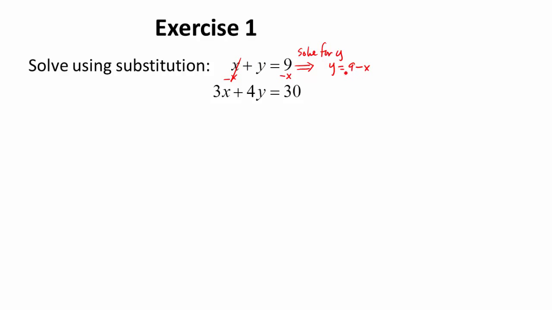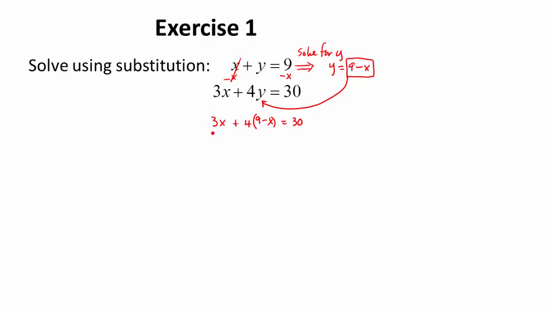Now what do you do with this right side of y? You substitute that into the other equation, so you'll have 3x plus 4, and instead of y, we write 9 minus x: 3x plus 4 times (9 minus x) equal to 30. Now you just have an equation in one variable, which is a simple linear equation.